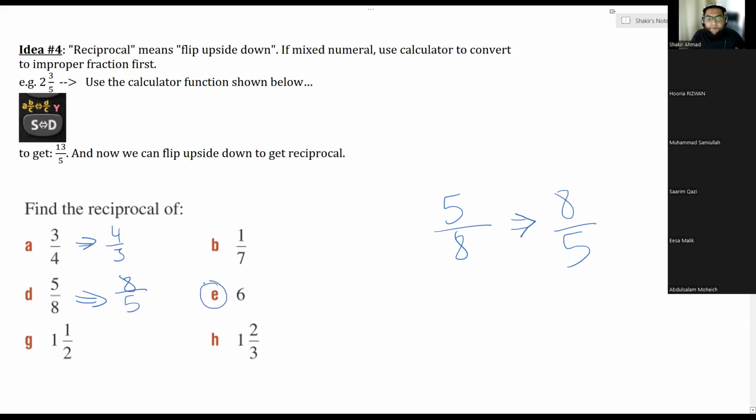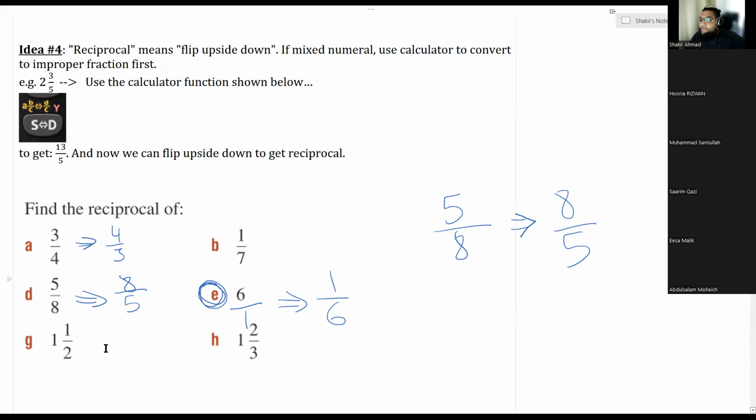And so over here, the reciprocal of 6. Now, remember what I said? 6 is actually 6/1. And so the reciprocal of that is 1/6. The reciprocal of 6 is 1/6. You're flipping 6 upside down. And remember, 6 is the same as 6/1. And so when you flip it upside down, it's 1/6. Okay, now when you get to a mixed fraction, a mixed number like this, you are allowed to use a calculator.